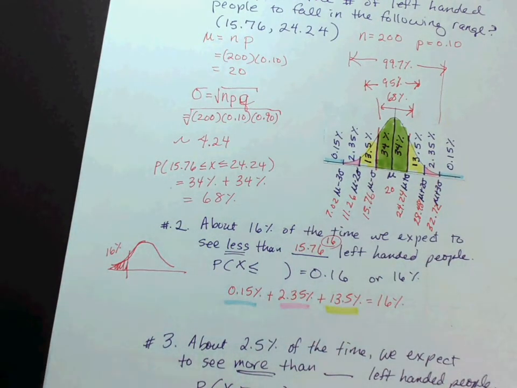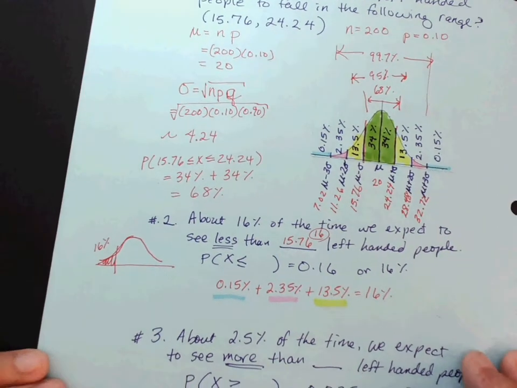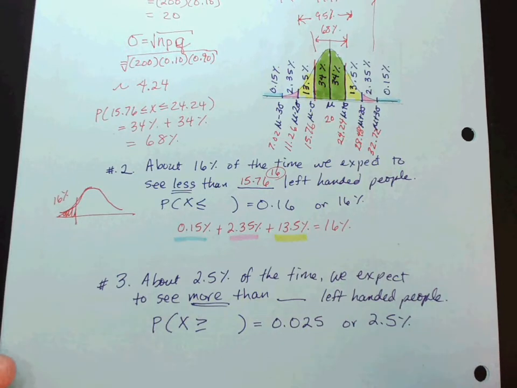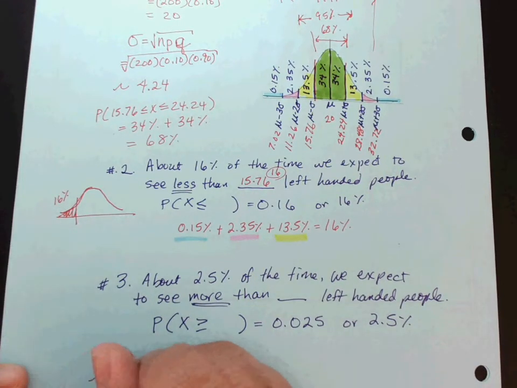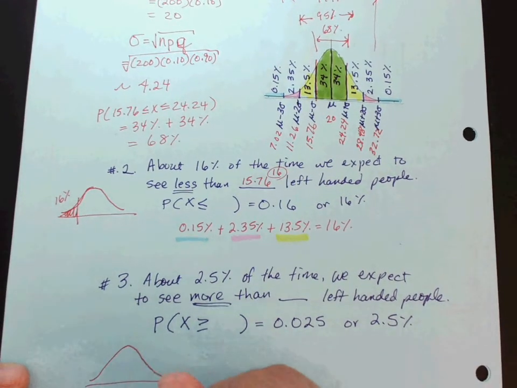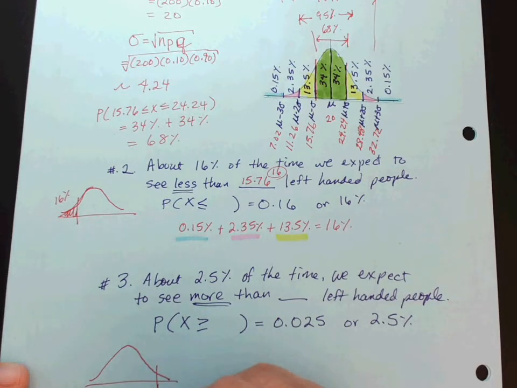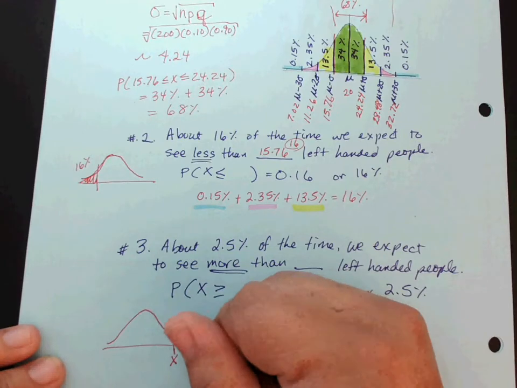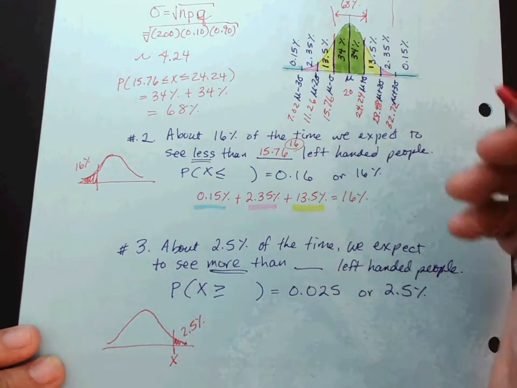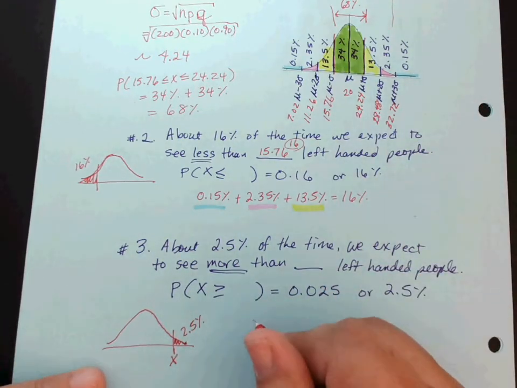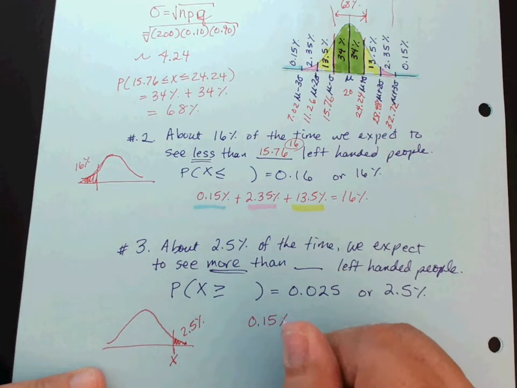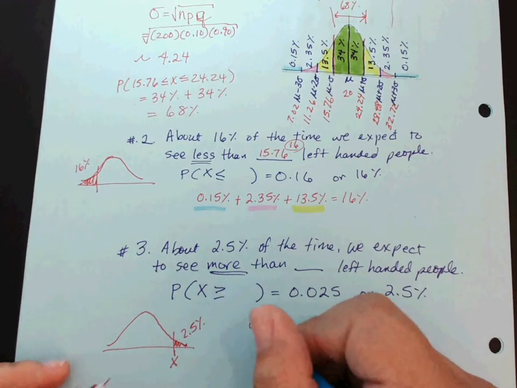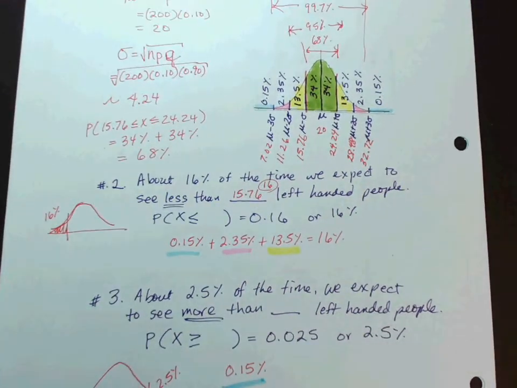Now, about 2.5% of the time, I would expect to see more than blank. So what that means is I'm on the high end of the curve, and here is some number x, right? And it includes 2.5%. So I'm going to start on the right with the blue, 0.15%. Is that enough? Not quite. Let me go in and add in the pink section.